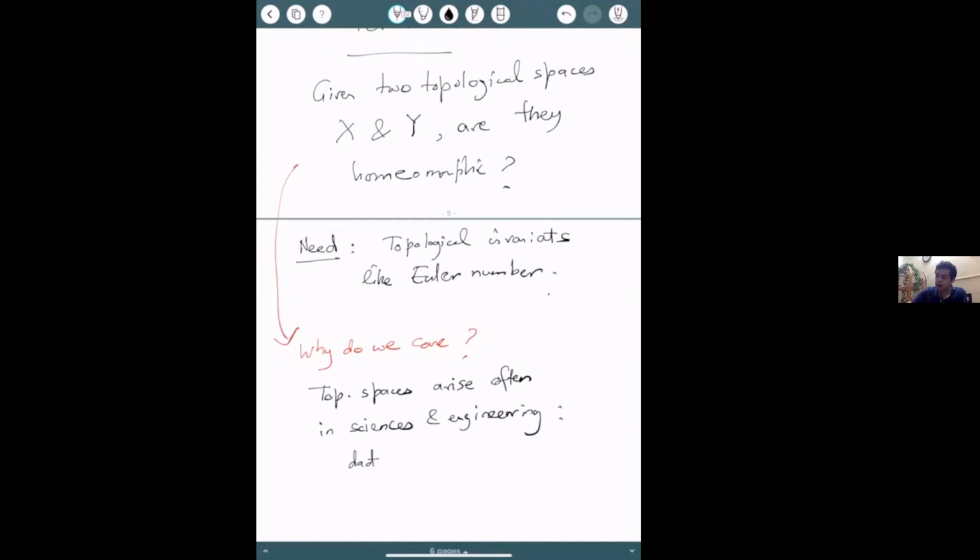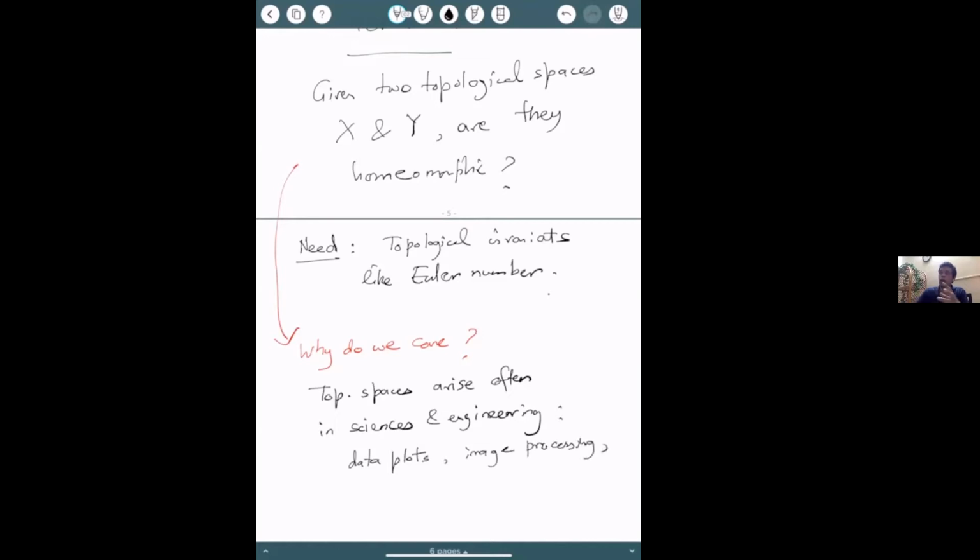It might arise in data plots. This is a very big thing now. All this big data, with Google and others collecting so much information, there are so many numbers, charts and plots. How do you make sense of them? One way is to use topology, and that is one of the current applications. Then there is image processing.